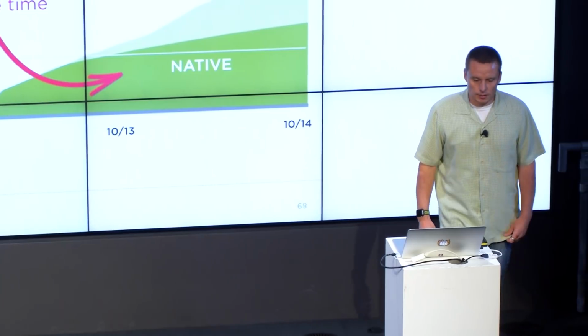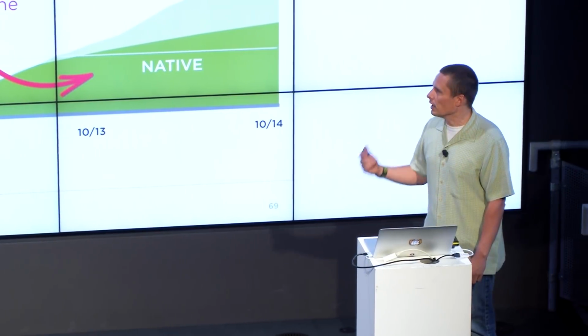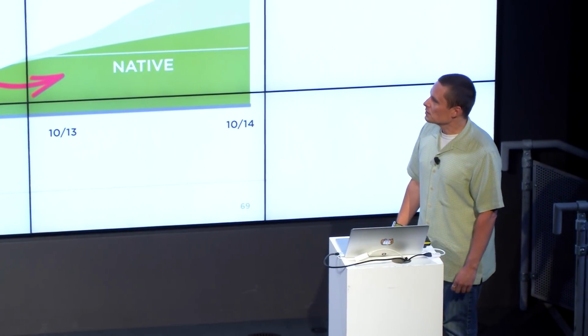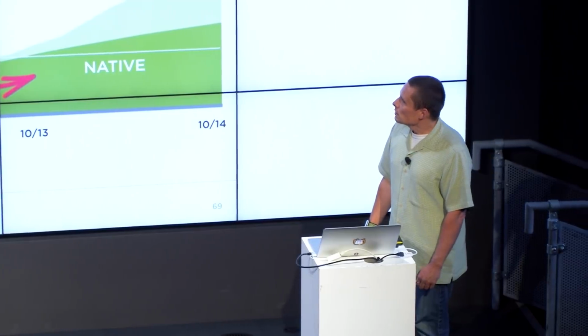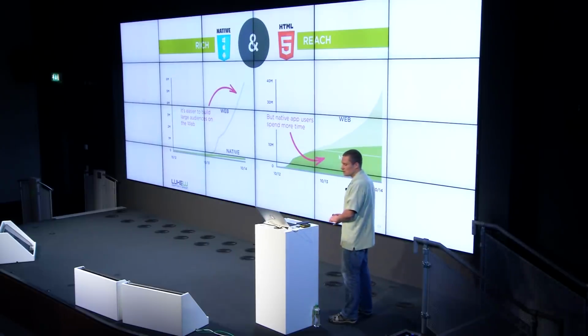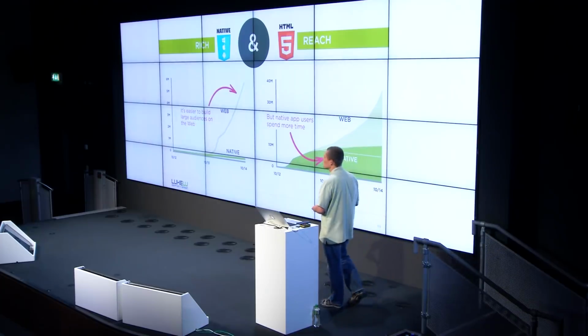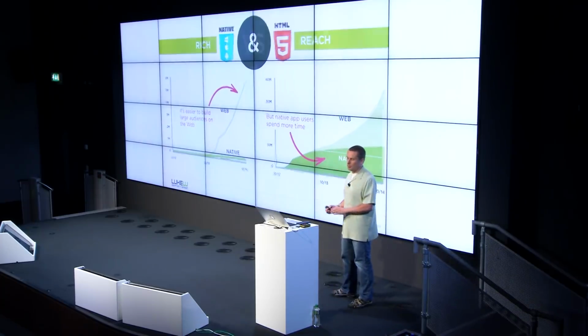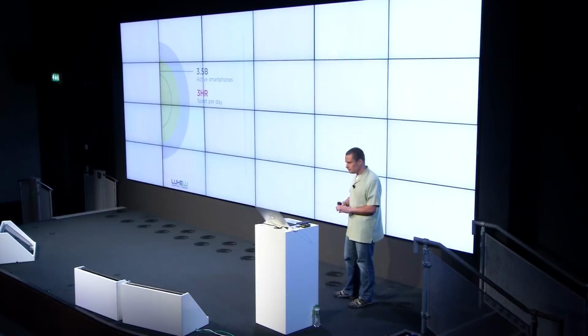So again, we can summarize this distinction as native apps are good at rich, web is good at reach, and it's not versus. It actually makes sense to do both, right? Both are strategically important. I'm going to talk about that more later, but you get the idea.